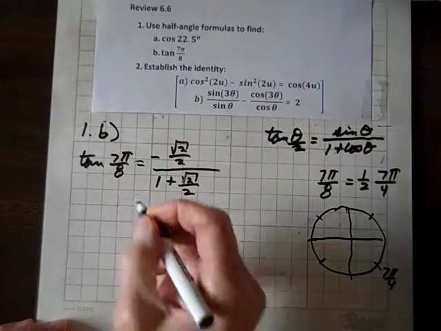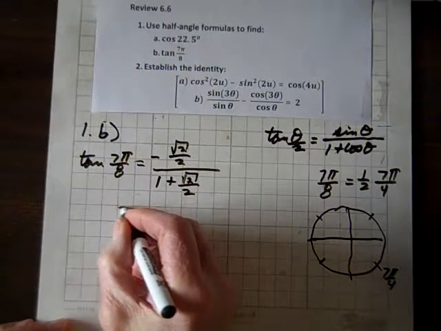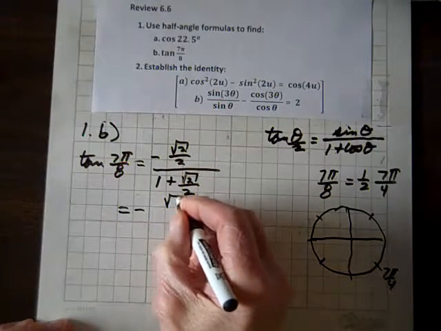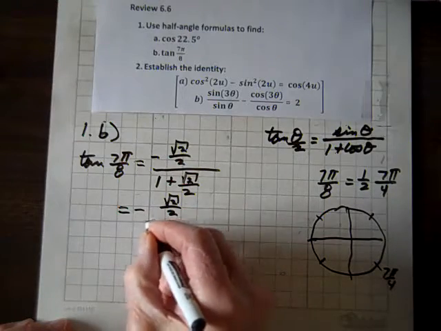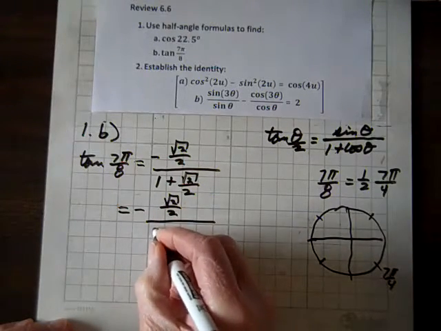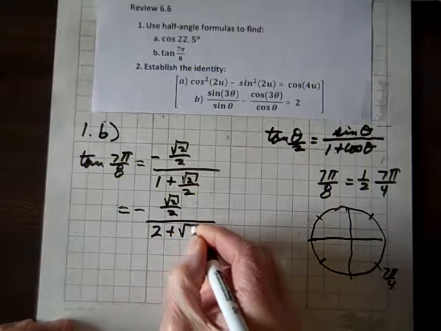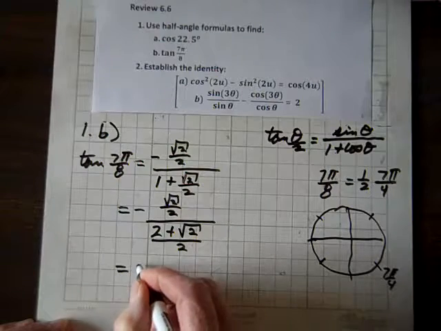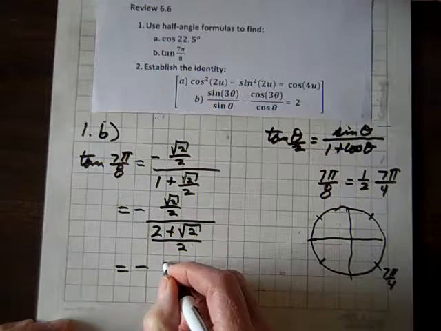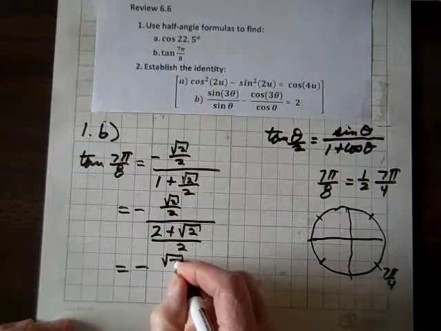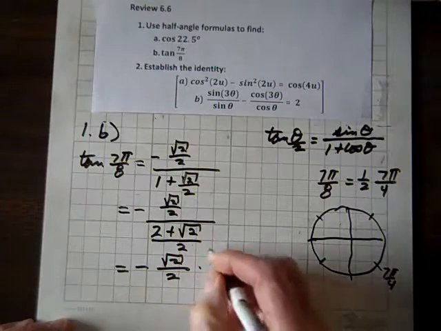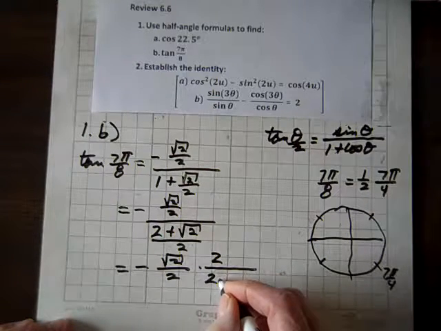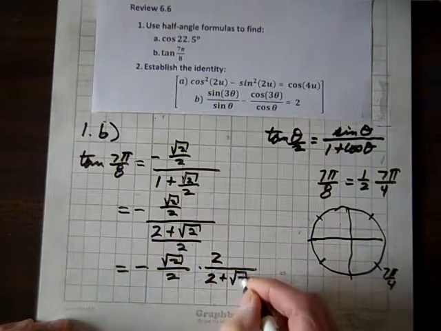Well, we've got to clean this up. So this is going to equal negative root 2 over 2 divided by adding fractions. We get 2 plus, common denominator is 2 over 2. Invert and multiply, and that's going to be negative times root 2 over 2 times 2 over 2 plus root 2.